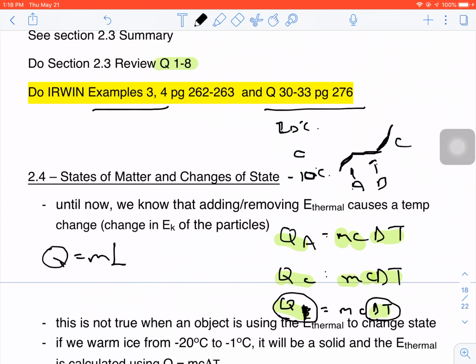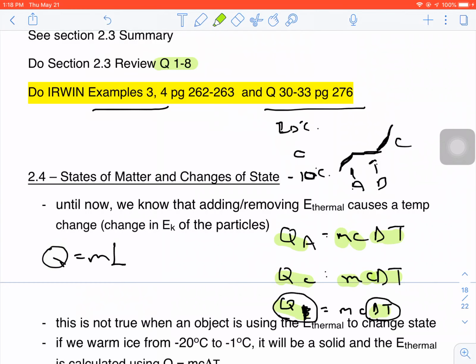What's hidden is the fact that I'm adding energy to something, but it is not changing in temperature. I'm adding thermal energy, but there is no change in temperature. That energy that I'm adding is hidden. We don't see it in terms of the thermometer. However, we would see it if we were looking at the actual change of state that was going on.